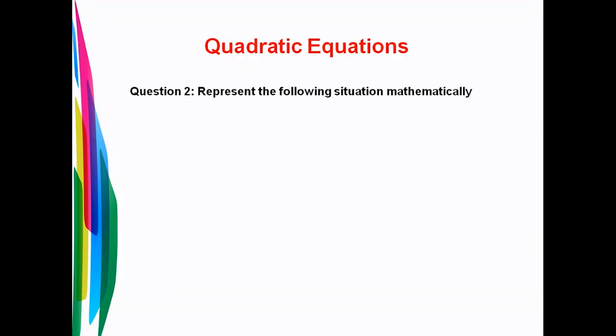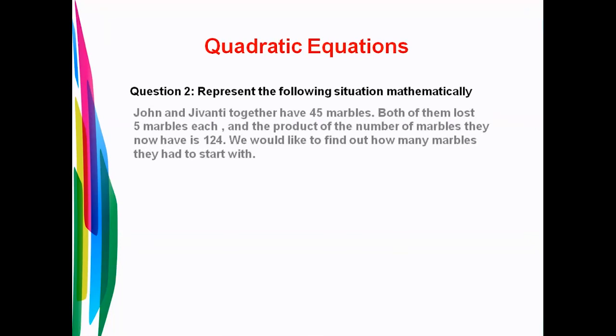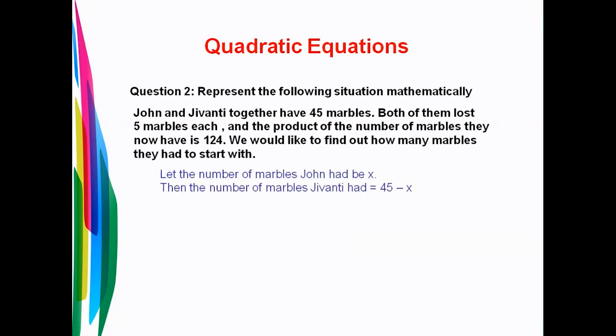Now I am taking some situations and I am going to represent them mathematically. So let's take the first. John and Jivanti together have 45 marbles. Both of them lost 5 marbles each, and the product of the number of marbles they now have is 124. We would like to find out how many marbles they had to start with. So if John has x marbles, then Jivanti will have 45 minus x marbles, because in total they have 45 marbles. Now each one of them has lost 5 marbles.